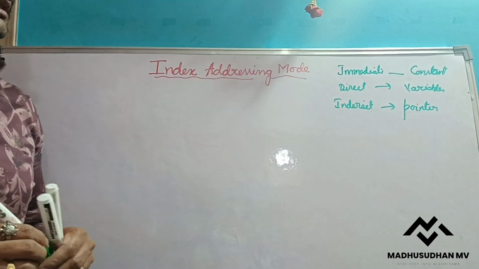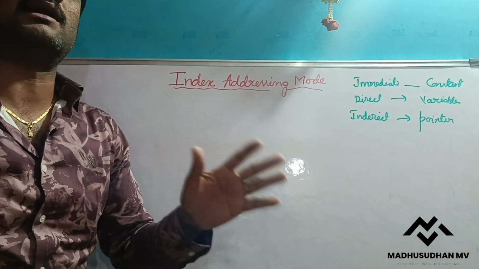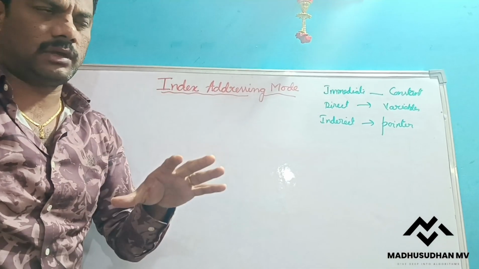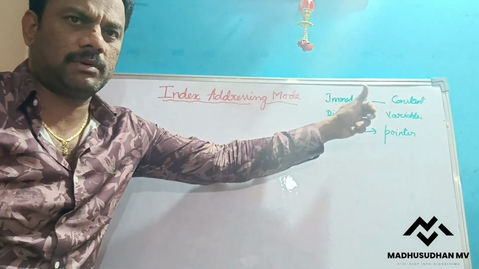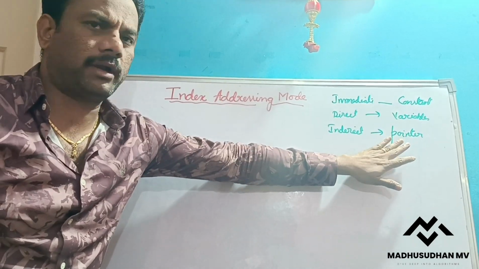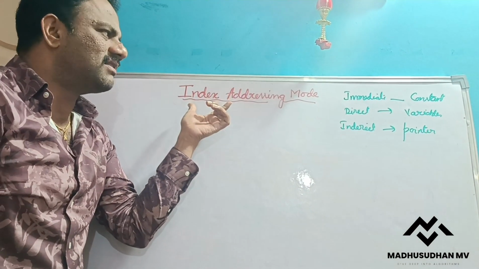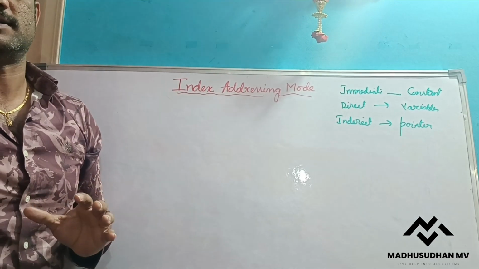But these addressing modes are not enough when we are dealing with arrays and lists. So for constants we go for immediate addressing mode, for variables direct addressing mode, for pointer variables indirect addressing mode, but we go for index addressing mode whenever we are dealing with arrays and lists.